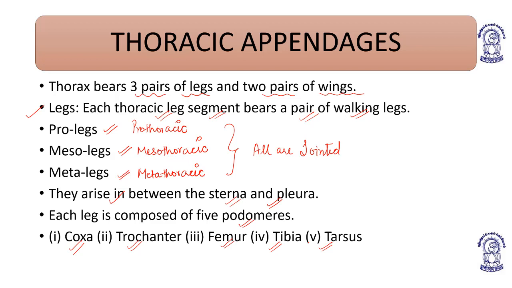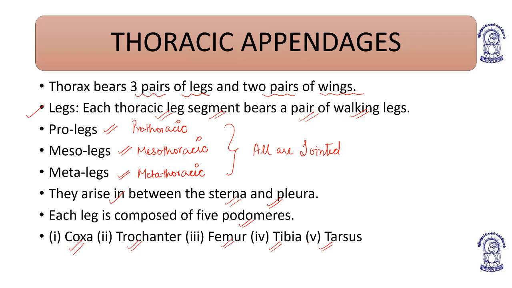I'll make you recall the sclerites. They are part of the exoskeleton. They are made up of chitin, which means these are chitinous plates which are hard and brown in color. These chitinous sclerites make the exoskeleton, and they are joined by arthrodial membrane or articular membrane.